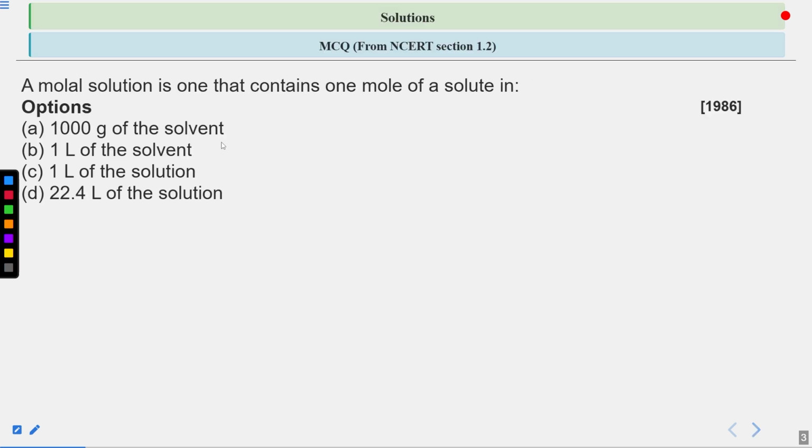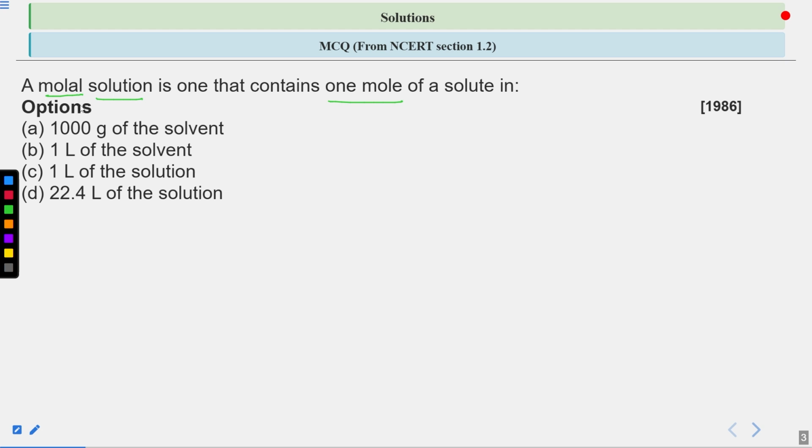Okay. So let's start our first question. This is the MCQ question from our NCERT section 1.2 in the chapter Solutions. The question asks: a molar solution is one that contains 1 mole of a solute in.